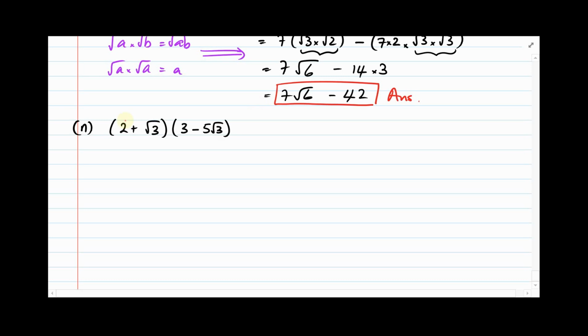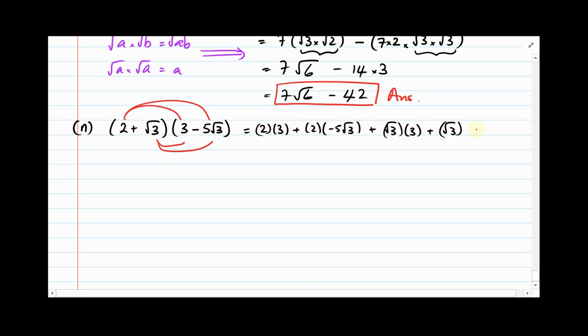Same way that you learned the FOIL method, that's exactly what we are going to use here. And so we have 2 times 3 plus 2 times negative 5 root 3, root 3 times 3, and root 3 times negative 5 root 3.